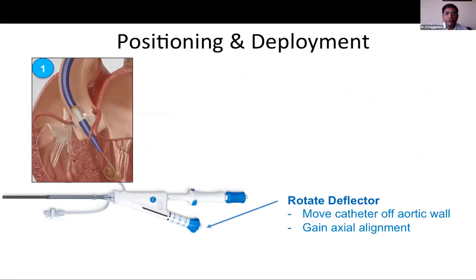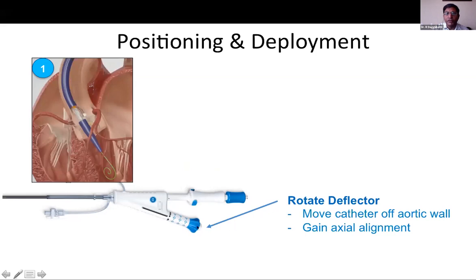And I'll show you these pictures where you can actually see the positioning and deployment in step one. Once you cross with a Safari wire in the left ventricle, you advance the system, and there are these cusps, or the paddles, which go into the sinuses, and they can position the valve much better.